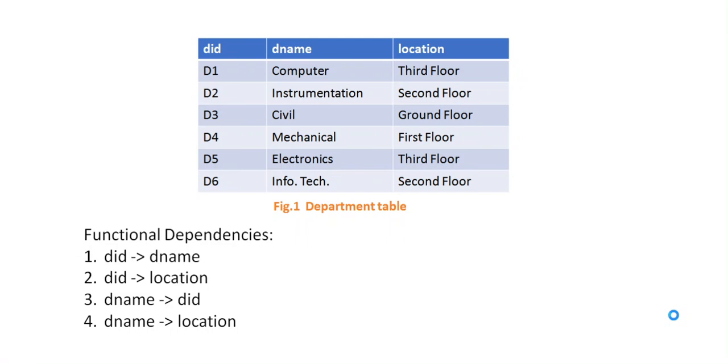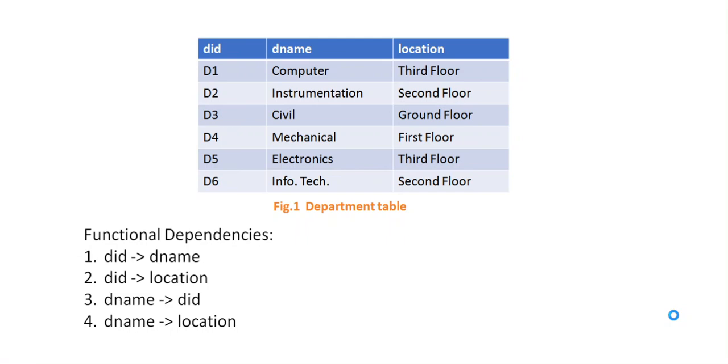So these are the functional dependencies on this department table. Now see, if you insert any new row in this table for the computer department, then department ID will be D1 and department name will be computer only, and the location is again 3rd floor.